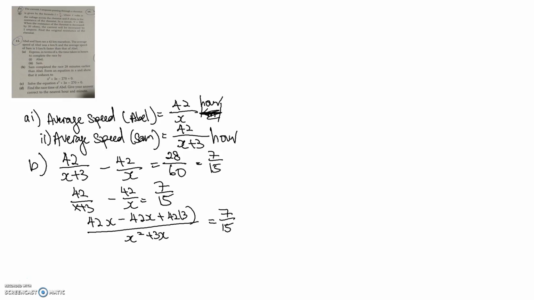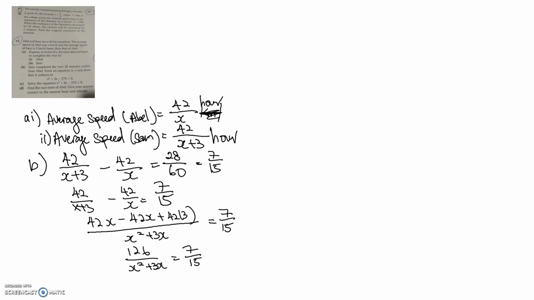That's the very first step that we did. So 42x minus 42x is 0, and 42 times 3 is 126, if I'm not wrong. So 126 over x squared plus 3x equals 7 over 15.